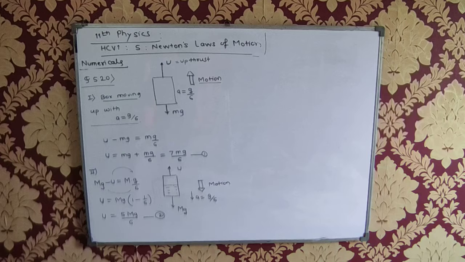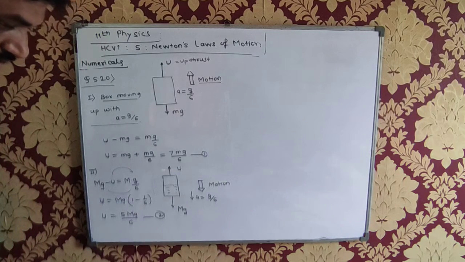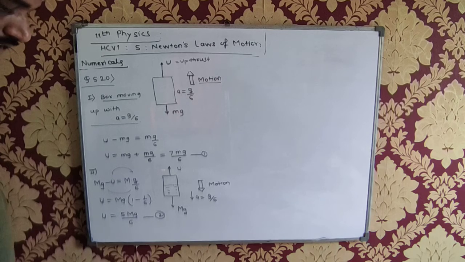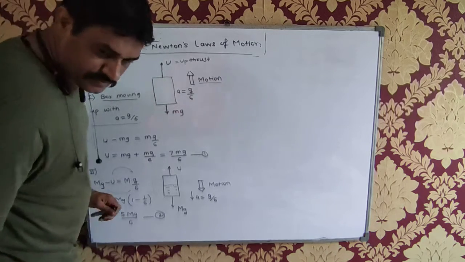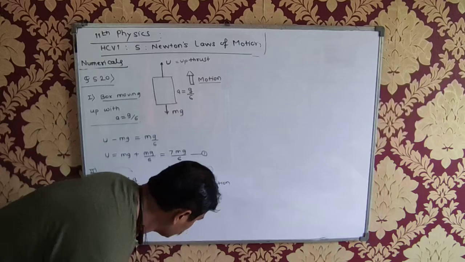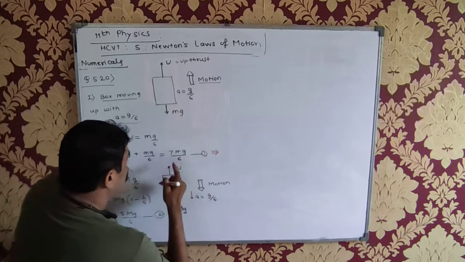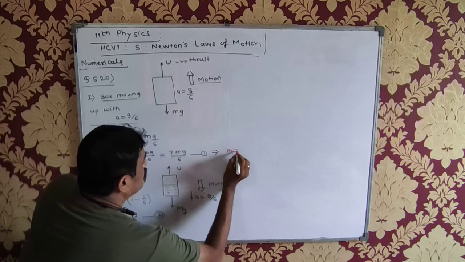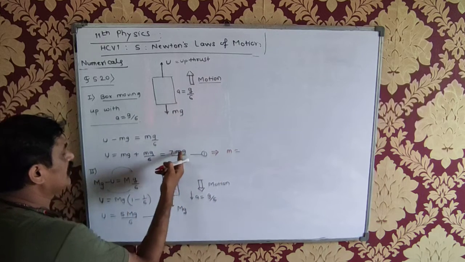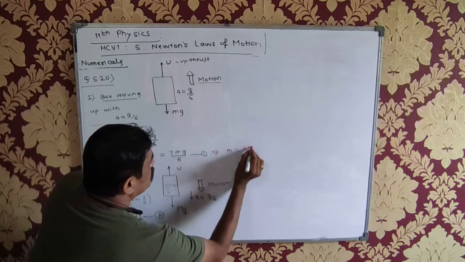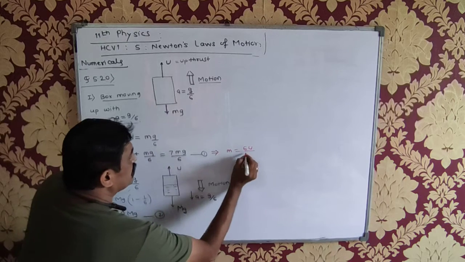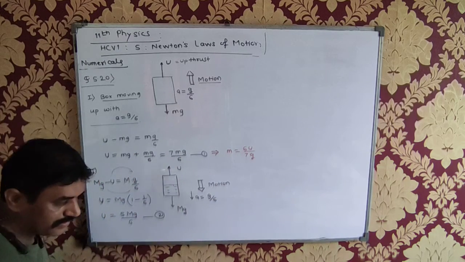Capital M minus small m. That is the sand added. The amount of sand added. Did you understand that? Yeah. So I'll calculate what is small m from this. This will give me small m is equal to 6u upon 7g. Agree? Yeah.